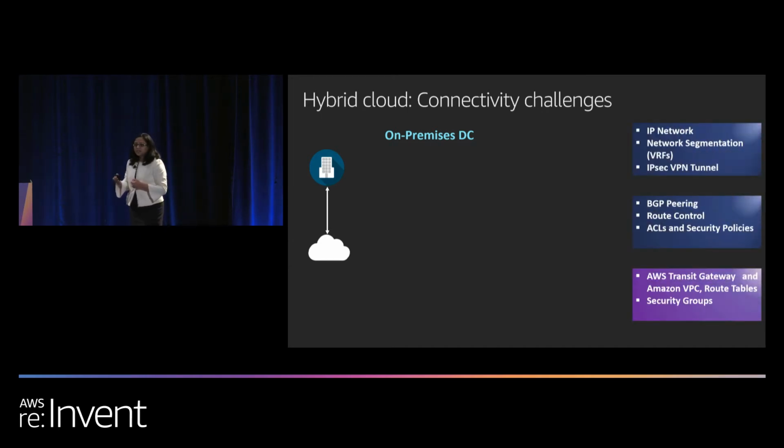You identify which are the VRFs, what are the network segments that you have to extend from your on-prem to the cloud sites. Once you have identified it, you go and configure your devices within the on-prem data centers with those VRFs. You go and configure the IPsec tunnels that you build for your on-prem data center to the cloud site connectivity.